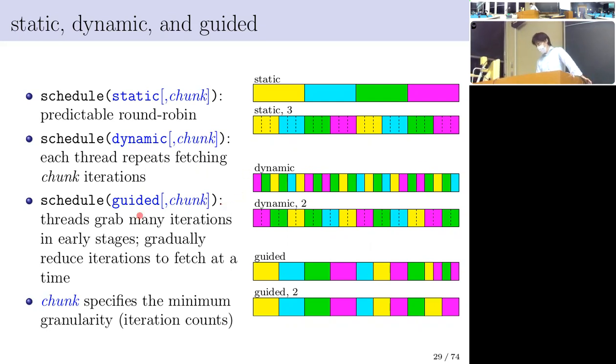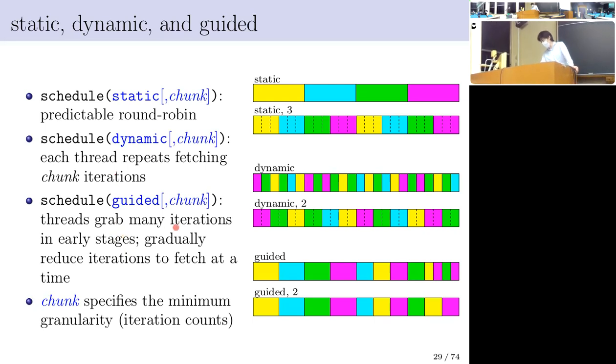Schedule guided is somewhere between them. It is a heuristic, and again, what actually happens is unpredictable. It depends on how iterations progress at runtime, and it also depends on the implementation.